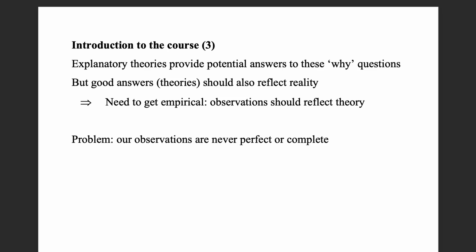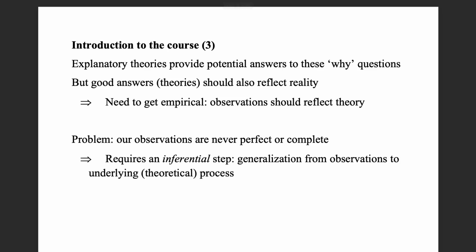We will never perfectly observe, for every potential country at every potential time point, every specific thing that modernization theory says should be the case, every specific measurement of economic development, every perfect measurement of democracy. Our observations are going to be imperfect, and we are never going to be able to observe everything. So that's a problem. And why is it a problem?